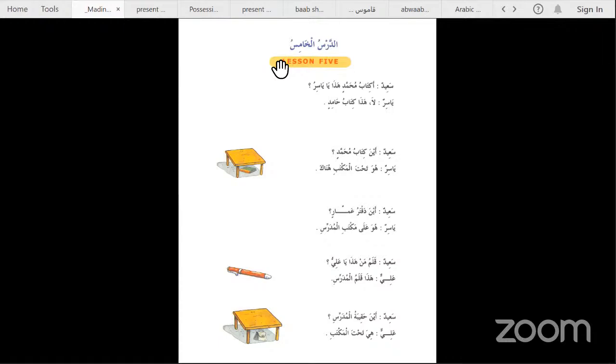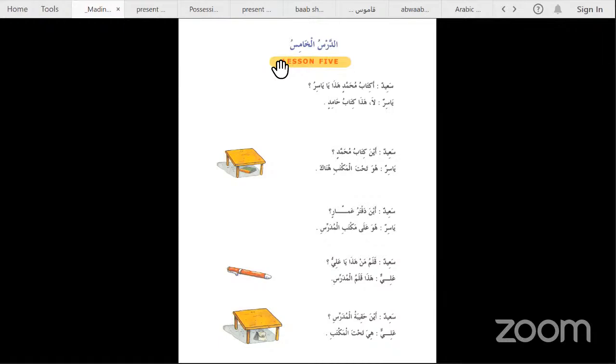Saeed: Aina daftaru Ammarin. Where is Ammar's notebook? Yasir: Huwa ala maktabil mudarrisi. It's on the teacher's table. Saeed: Kalamu man haza ya Ali. Oh Ali, where is the pen?